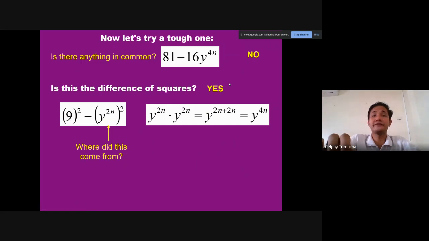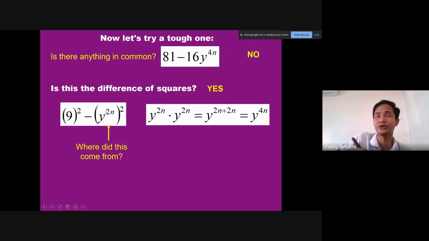So we have ang 81 pwede siya ma-factor as 9 squared. Y raised to 2n para sa ating equation. So we have 2n. So multiply ta lang, so y raised to 2n squared. So kung squared ta siya, wala ni naka-multiply guys, amo ning confuse ko gali. Wala siya naka-multiply, so naka-exponent siya.